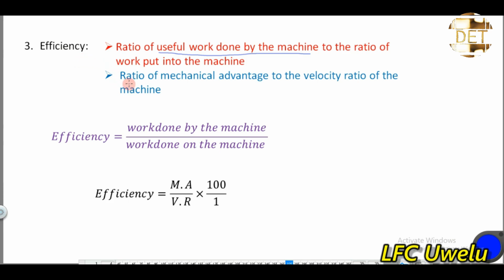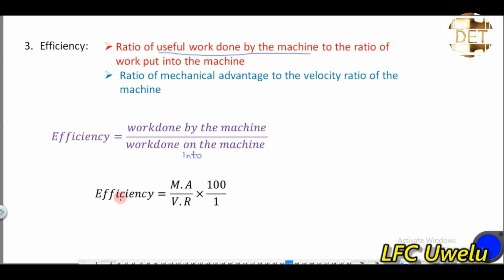Efficiency of a machine can also be defined as the ratio of the mechanical advantage to the velocity ratio of the machine. So the formula here is efficiency is equal to work done by the machine over work done on the machine. Work done on the machine is the work put into the machine. Work done by the machine is the useful work that is done by the machine.